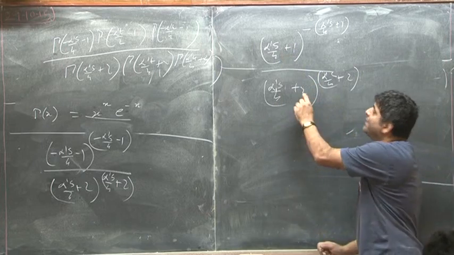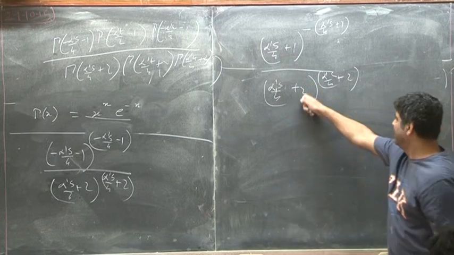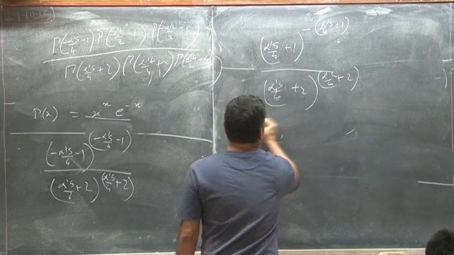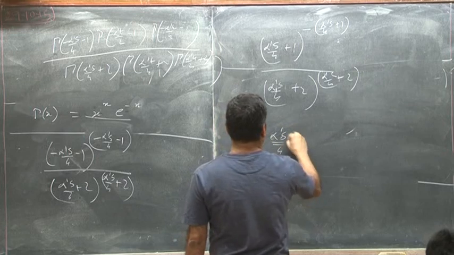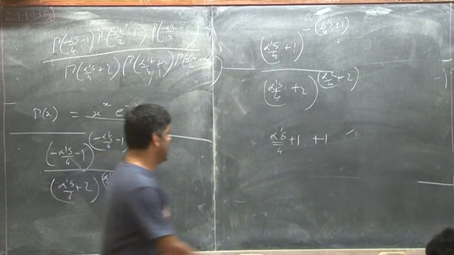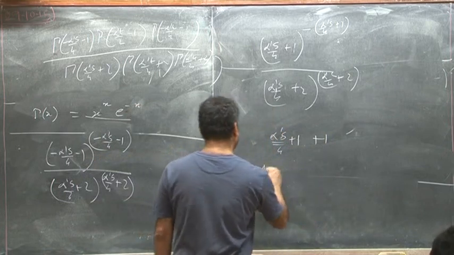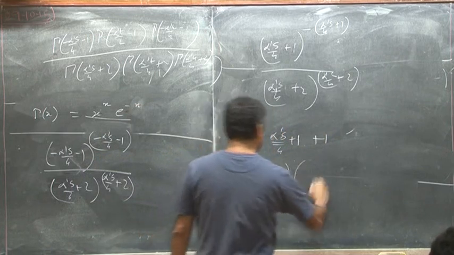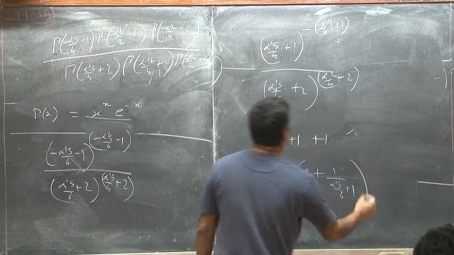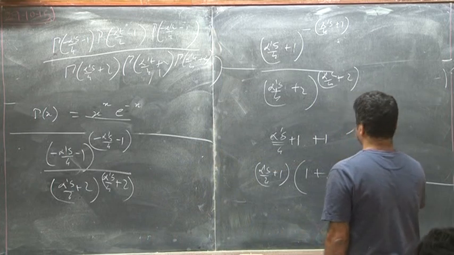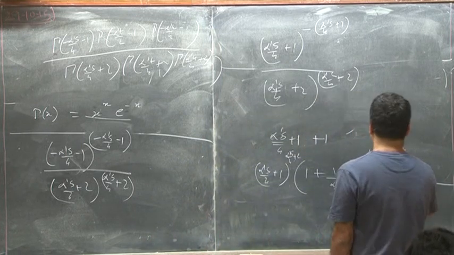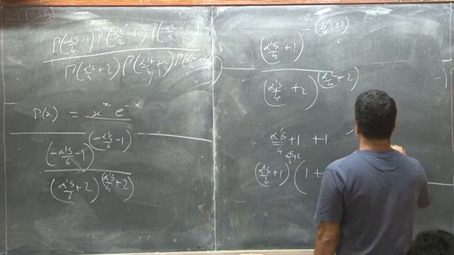Now, what I'm going to try to do is combine these two things together. For that, I need to shift the argument of one of these. Let me shift the argument of this. I'll call this alpha prime s by 4 plus 1 plus 1. Then I'll write that as alpha prime s by 4 plus 1 into 1 plus 1 over alpha prime s by 4 plus 1, to the power alpha prime s by 4 plus 2.